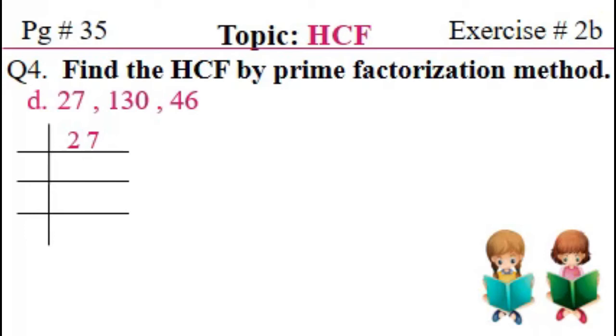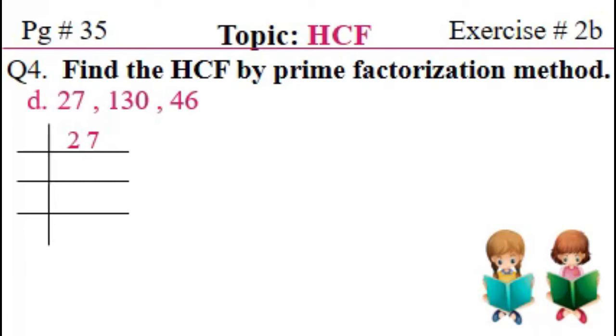The 7 at one's place shows that the given number is not an even number. Therefore, 27 is not divisible by 2. So we will move towards the next prime number, which is 3. For 3, we always use the test of divisibility, which is we check whether the given number is divisible by 3 or not.